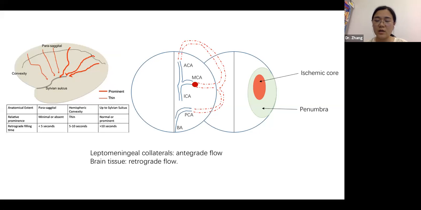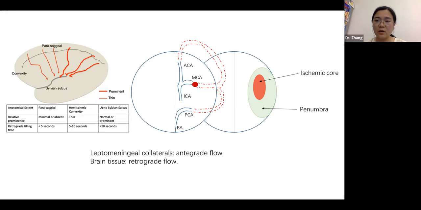It's very fast. But if there is occlusion in the middle cerebral artery, the brain tissue needs the blood supply from the PCA or ACA. So the blood flow needs to transfer from these two arteries. It becomes much slower than the direct supply from MCA.